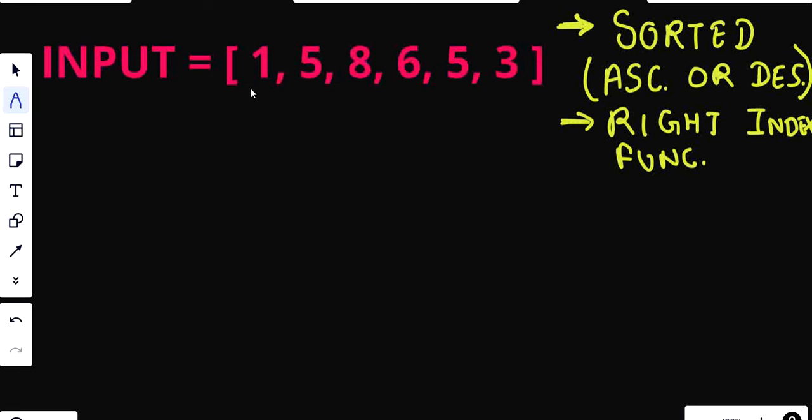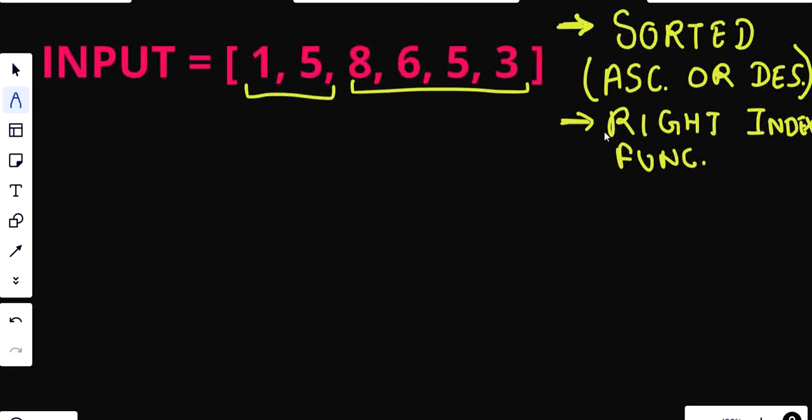If I look at this example, I can see very clearly that 1 and 5 are in ascending order and the rest of the array is in descending order, right? So if I have to find the next permutation of this input, I know that whatever I am going to do, I'll be doing it from the right index.